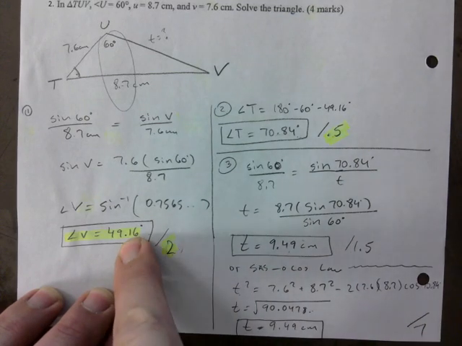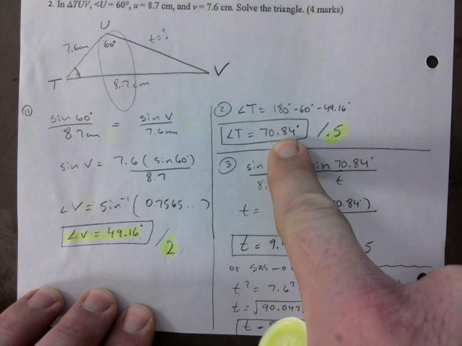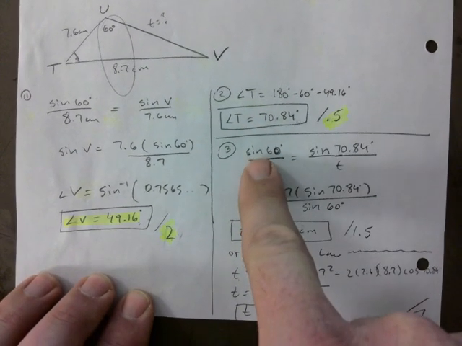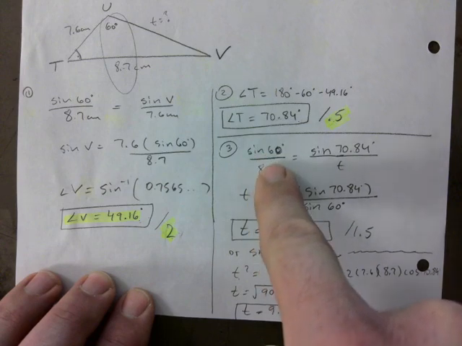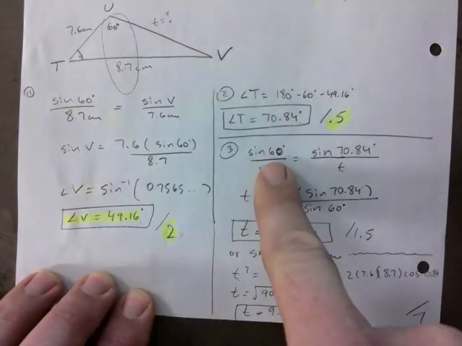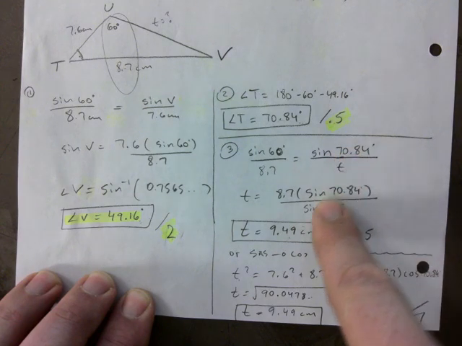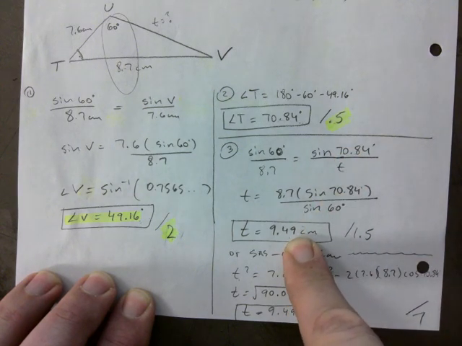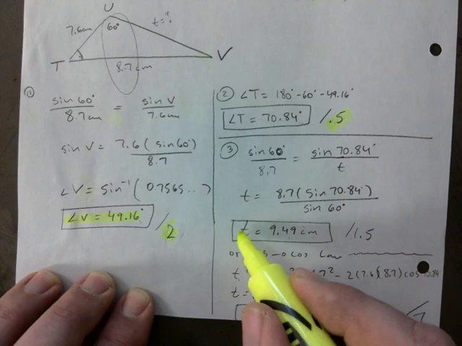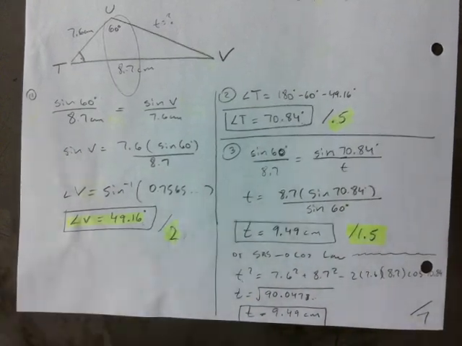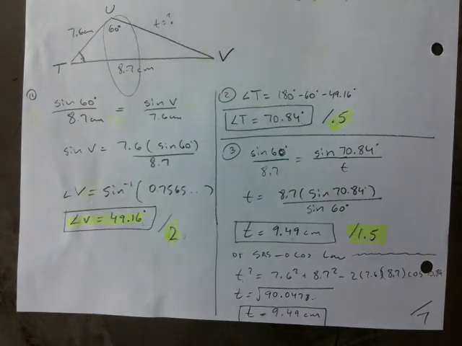And so obviously if you got this wrong, this will be different. You wouldn't be losing marks again. I would be giving you half a mark for that step. And then next I use the same pair that I started with. I tend to do that. And then I use angle T to find side T, which is 1.5, we'll say, because it's a little less work because you already did a sine law there.